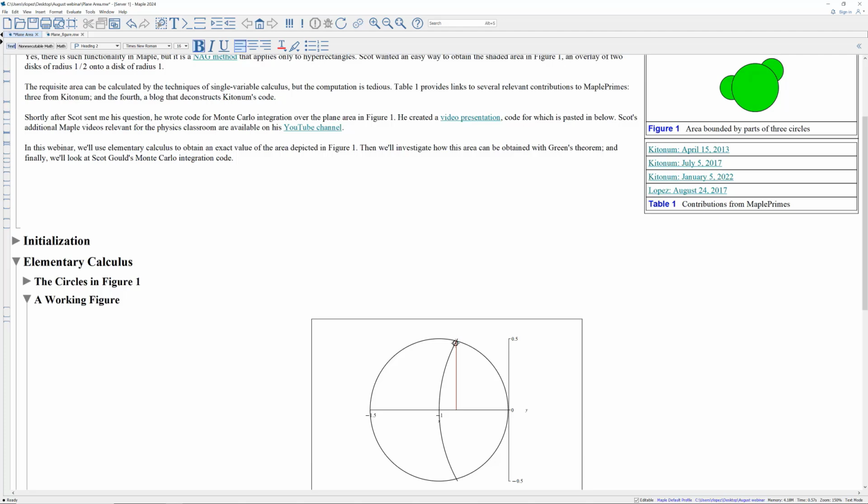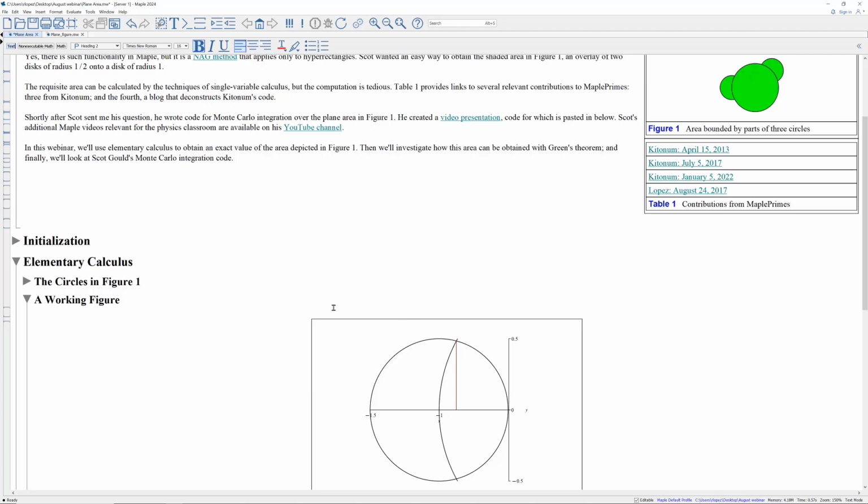So I need to know this x coordinate. And then I integrated from 0 to this circle and 0 to this circle. Those are two elementary calculus problems. The hard part is just figuring out what this x coordinate is, and that's just an issue of a solve command.